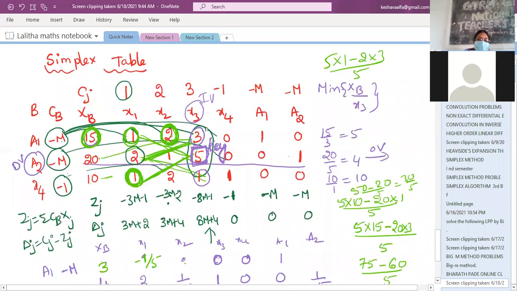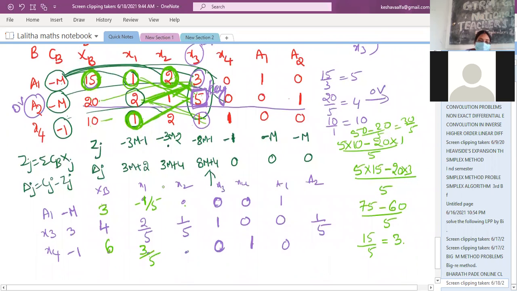Start with the key element. 10 minus... Still you are in confusion mode. 5 into 2 minus 3 into 1. 10 minus 3. That is 7 by 5.